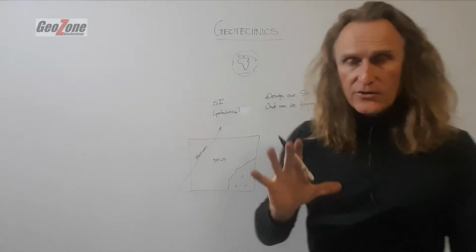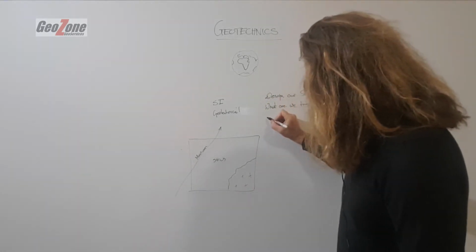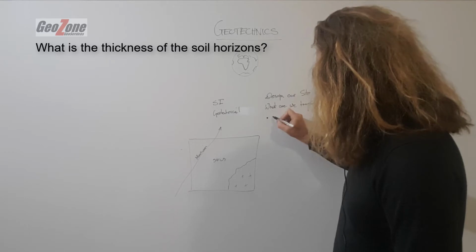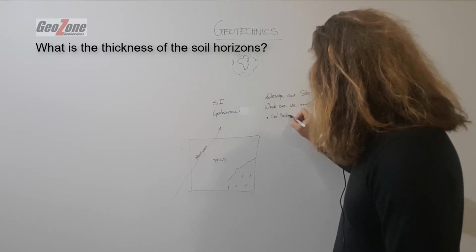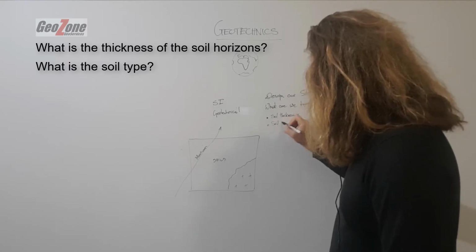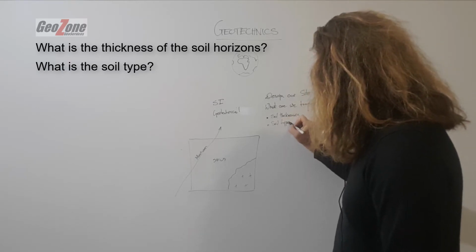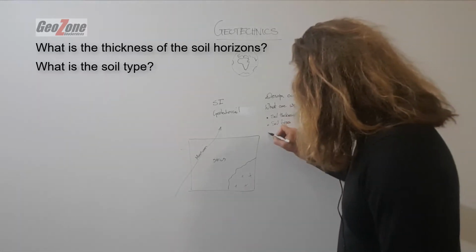But without getting too involved in that, let's just talk about the real issues. We need to know soil thicknesses. We need to know the soil types, because from that we can get an idea of their engineering properties. We need to know where the rock is. Where's the rock?